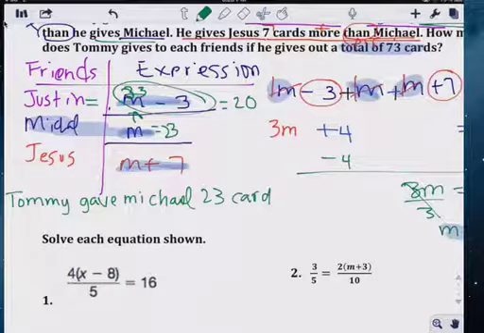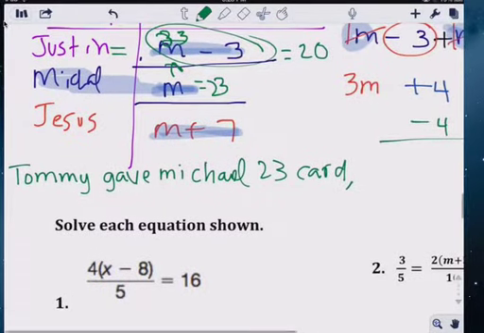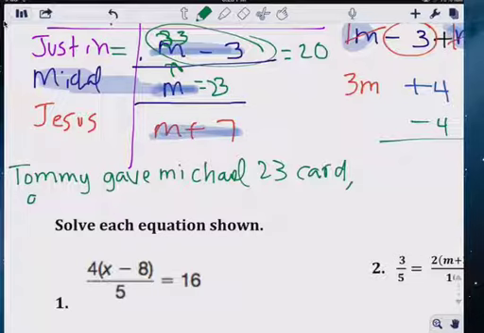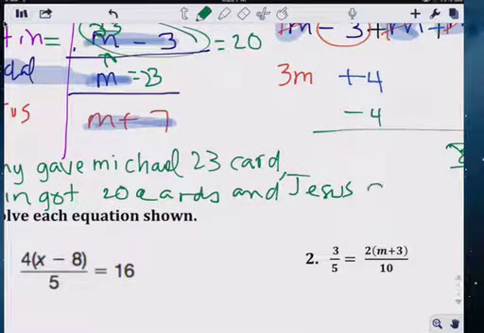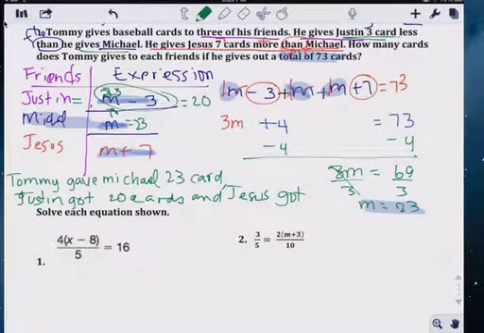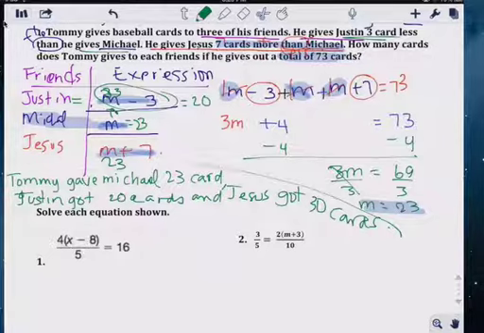Jesus has 7 cards more than Michael. So 23 plus 7, Jesus has 30 cards. Okay? That's how it works.